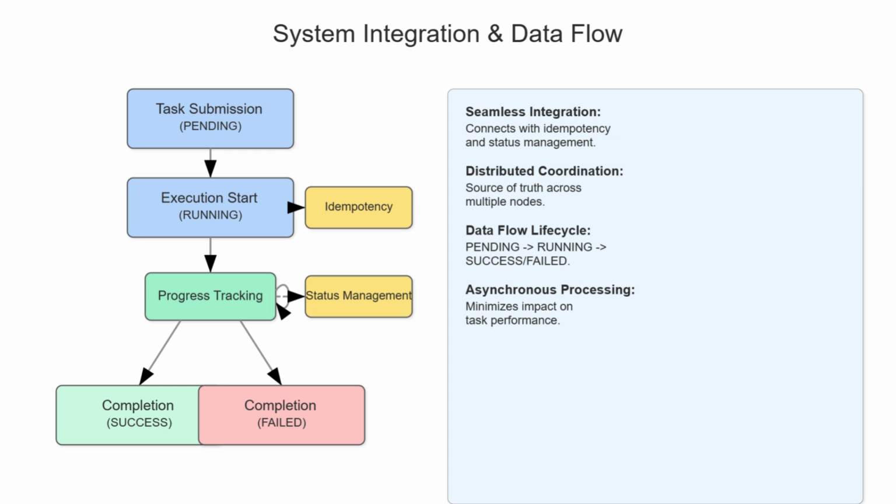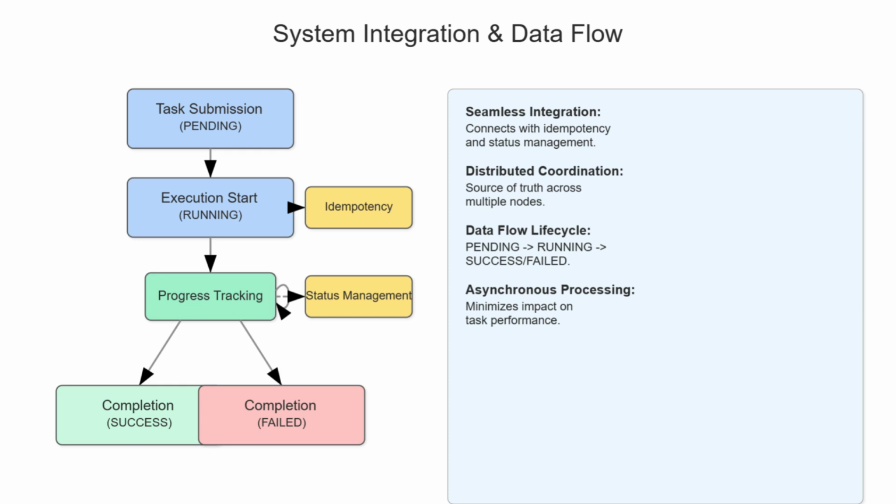It provides seamless integration with concepts like idempotency and future status management systems, acting as the persistent layer for state transitions. In a multi-node environment, execution tracking becomes the distributed coordination source of truth, preventing conflicts and ensuring proper cleanup of abandoned tasks.